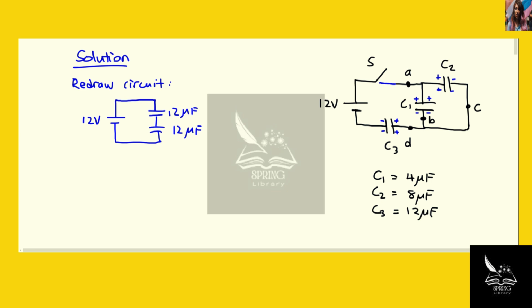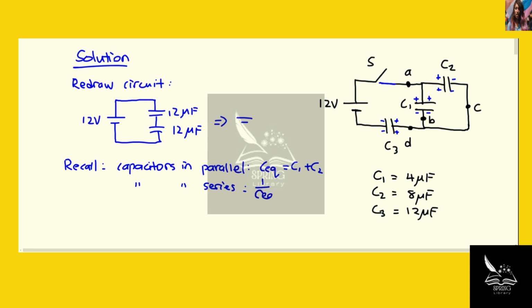So the 12 microfarad will be in series. Just to recall, for capacitors in parallel, CEQ is equal to C1 plus C2, and for capacitors in series, 1 over CEQ is 1 over C1 plus 1 over C2.